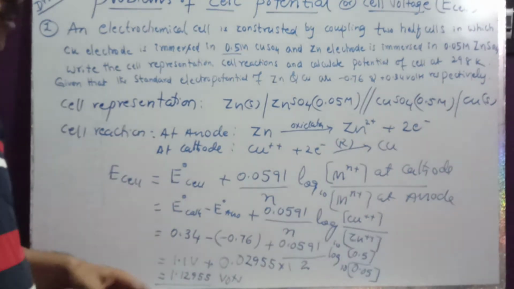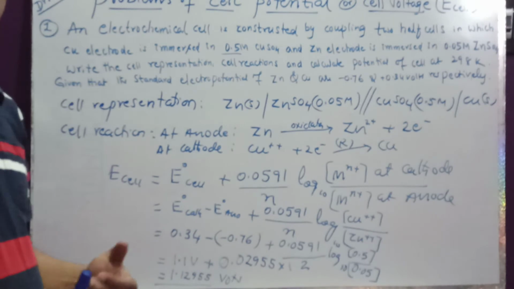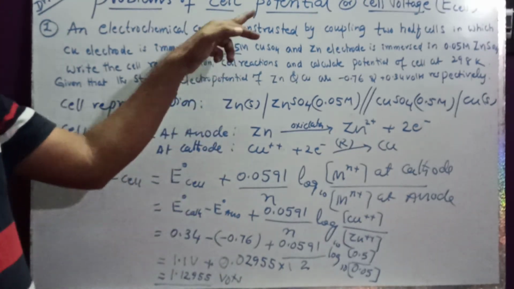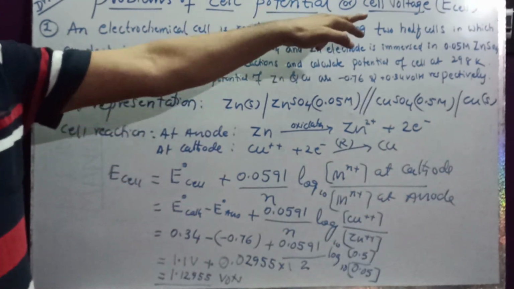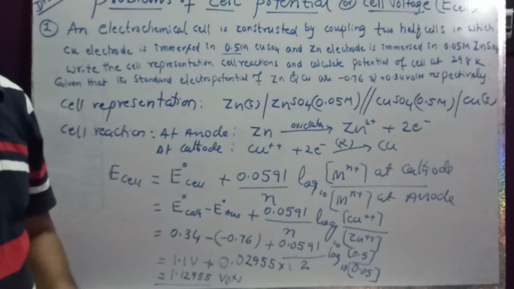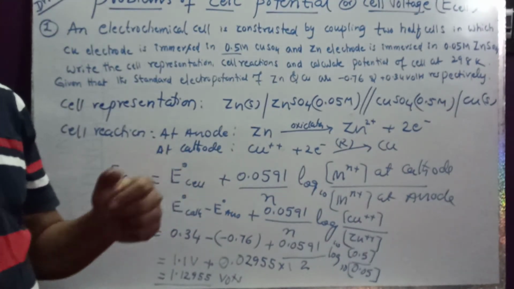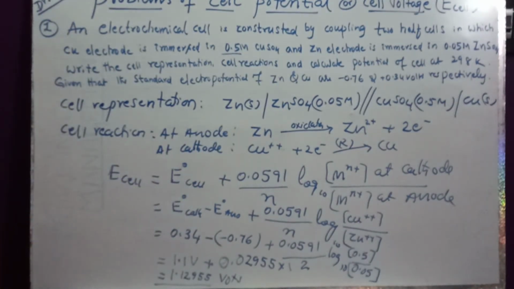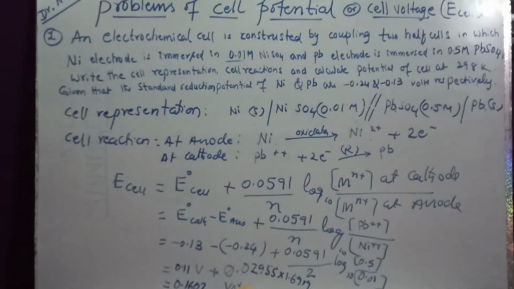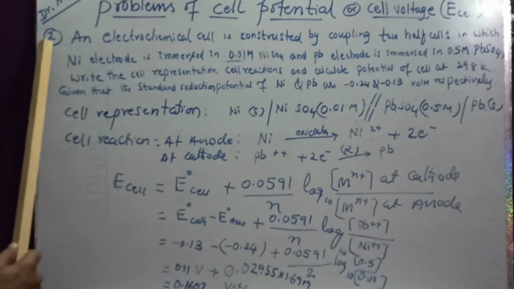Let us move to a similar second problem on the same cell potential, or cell voltage, or EMF of a cell, E cell. Students, let us go to the second problem.